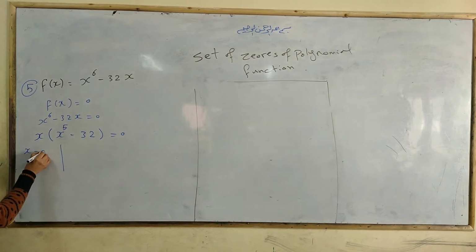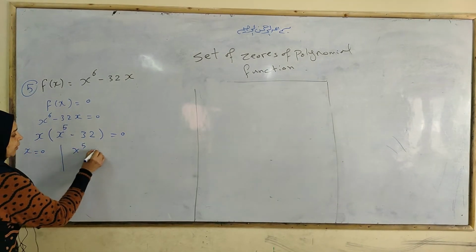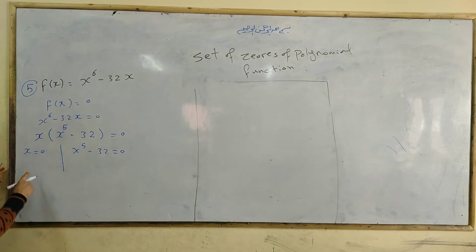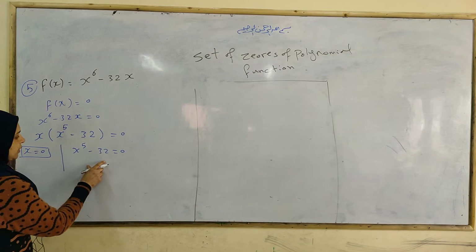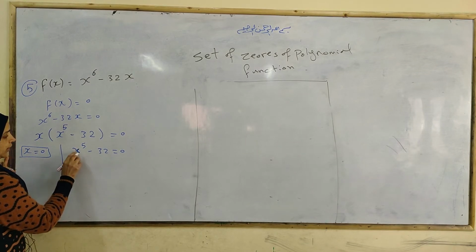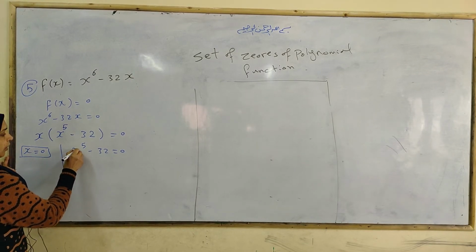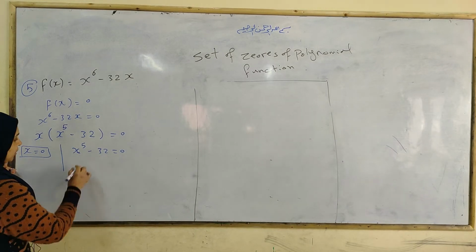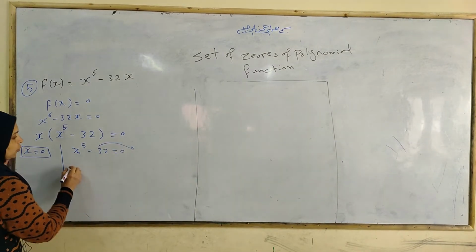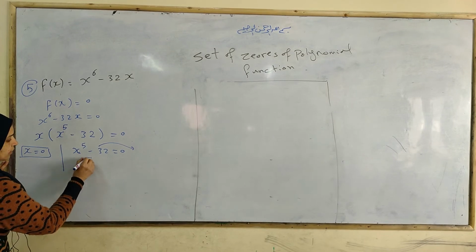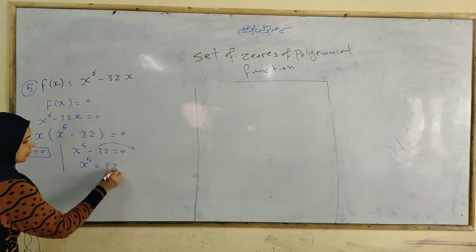So x equals 0 and x power 5 minus 32 equals 0. X equals 0 is finished. For the expression x power 5 minus 32 equals 0, move 32 to the other side. X power 5 equals 32.